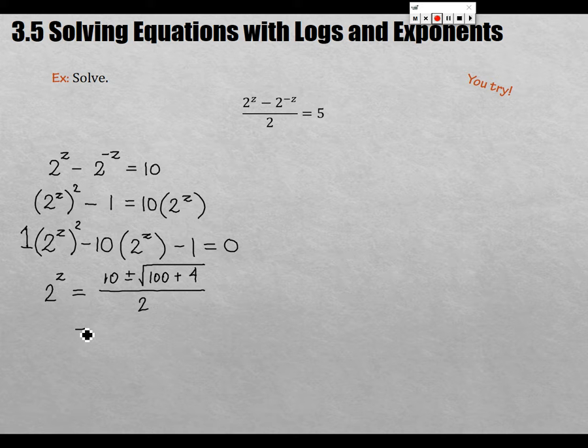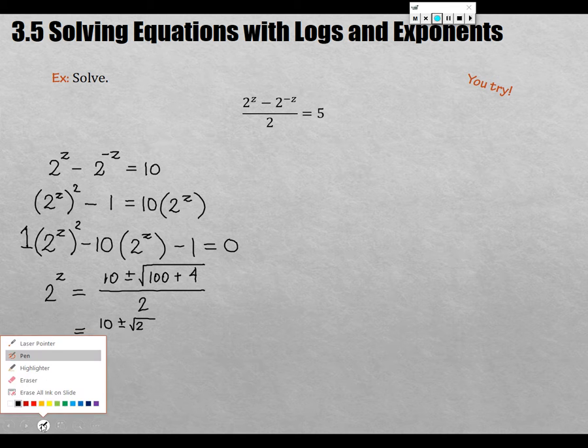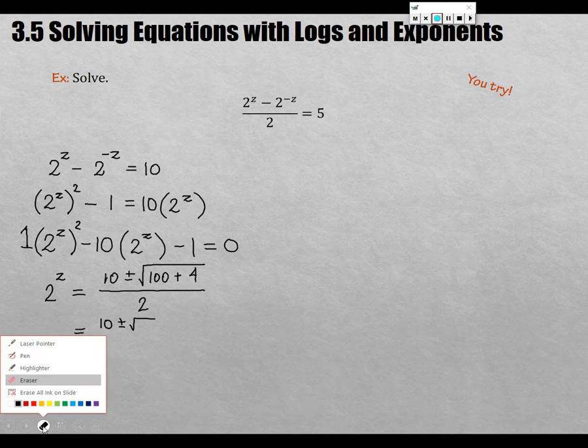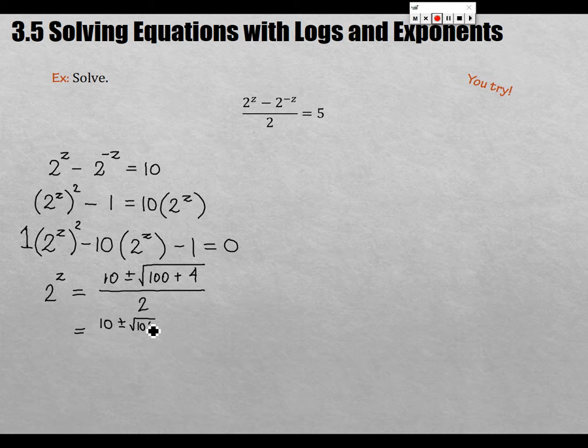See how he does. Root 104. Yeah, it's definitely 4 times 26.